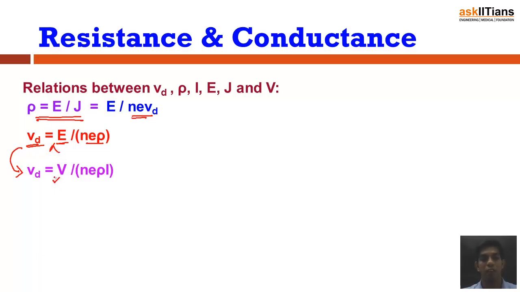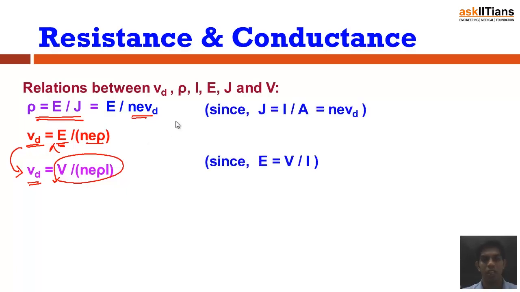So if we are able to express the drift velocity in terms of quantities which we can measure, then we are able to calculate the value of drift velocity of any material. That's why we are substituting the electric field in terms of potential difference. These are the mathematical equations connecting the physical quantities we have used in finding this relation.